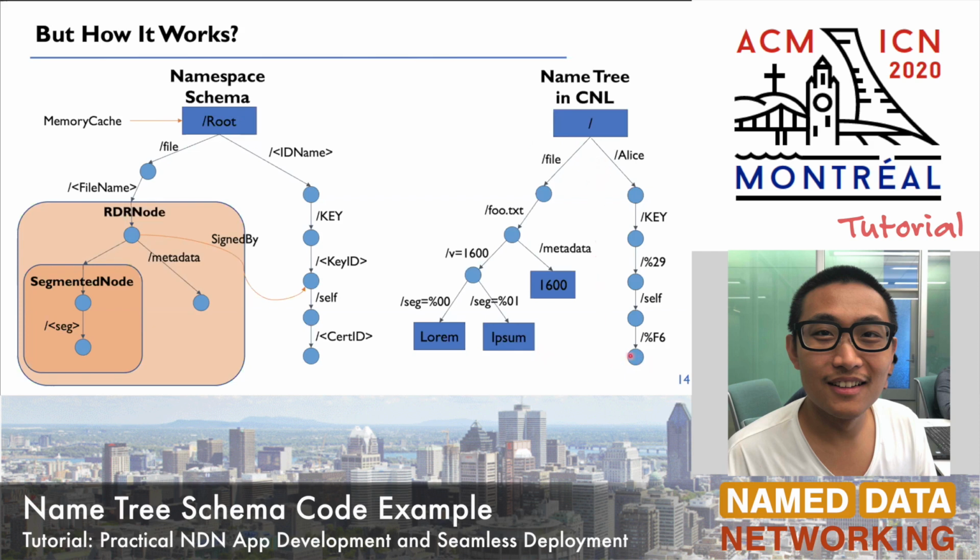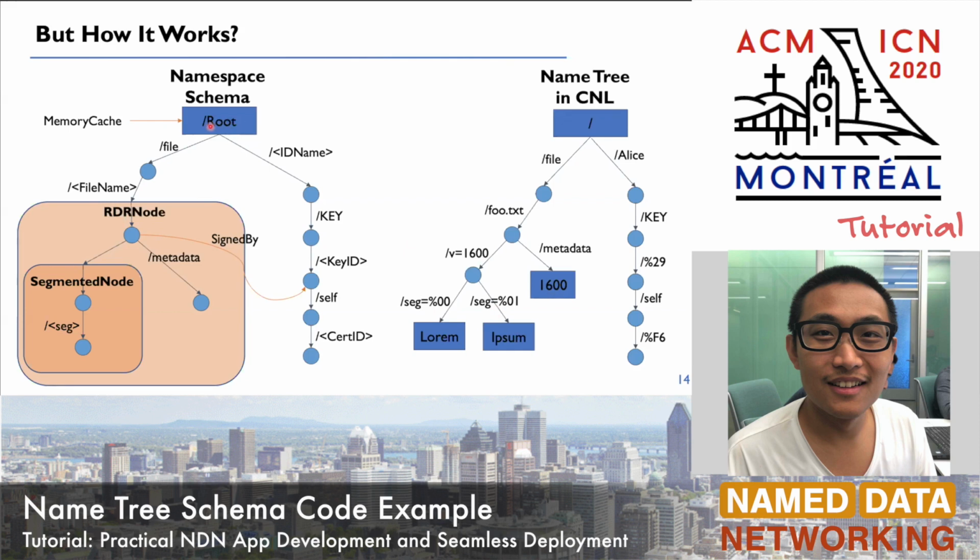One is a certificate, and we will have a /file/full.txt/metadata, which contains the version number. We assume it's 1600. And if it has 2 segments, then we will have 2 segment data packets, which have the names /full.txt/v=1600 and /segment number equals 0 and 1.